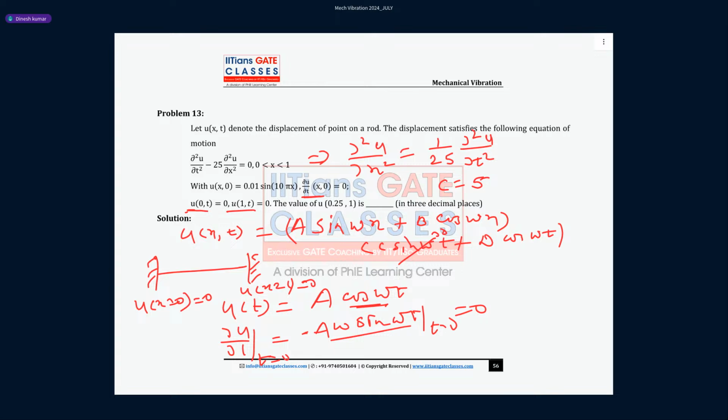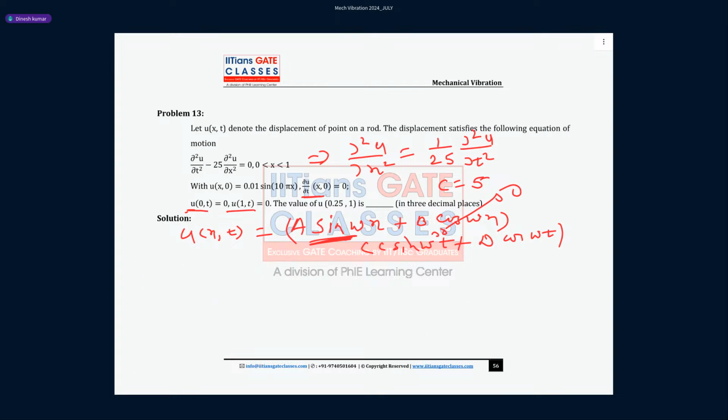Space response will be what? It will be sinusoidal. So with the boundary conditions, what we already know, your B is 0 and C is 0.